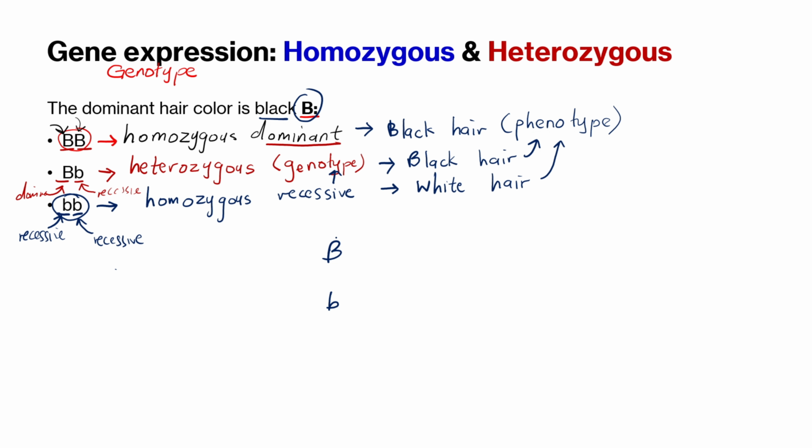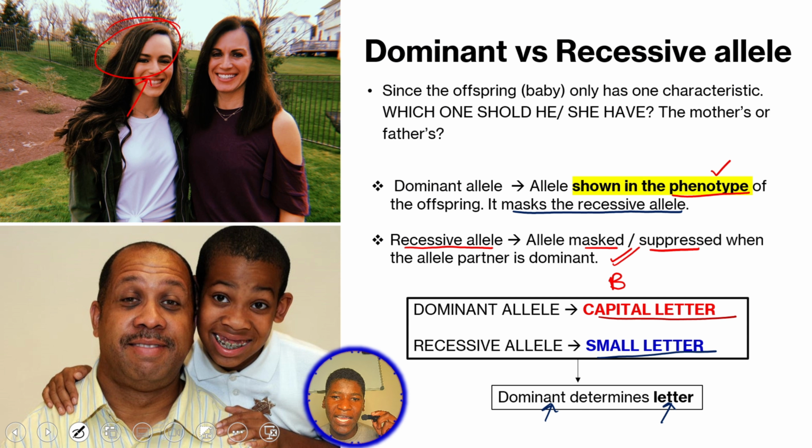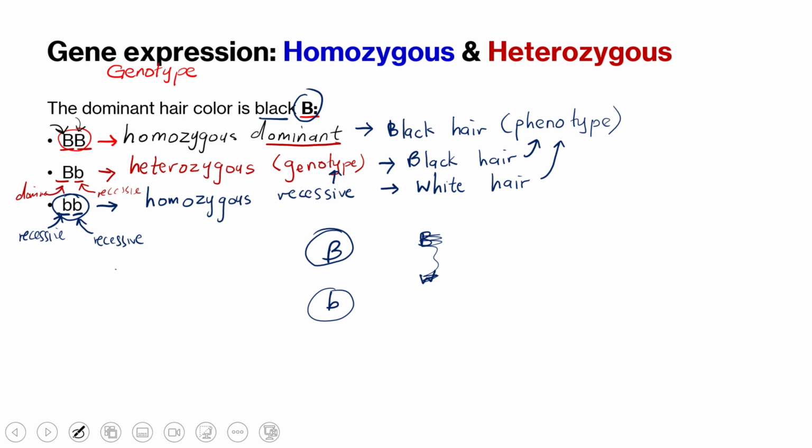So if we say that the dominant one is black hair color with the capital letter B, then the white hair color has to take a small letter b. You cannot say this is black and then the white will be small letter W. No, it will be wrong. That's why we have said here that the dominant allele determines the letter that we use to represent the characteristic. So if we say that the dominant color is black, which is capital letter B, then the recessive one will be small letter b.